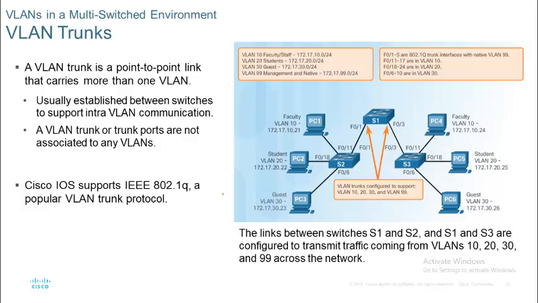Okay, so what is a trunk? A trunk is a point-to-point link, means from this point to this point, that can carry more than one VLAN. Usually established between the switches to support inter-VLAN communication.